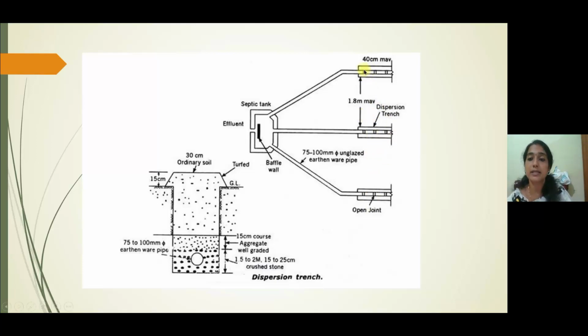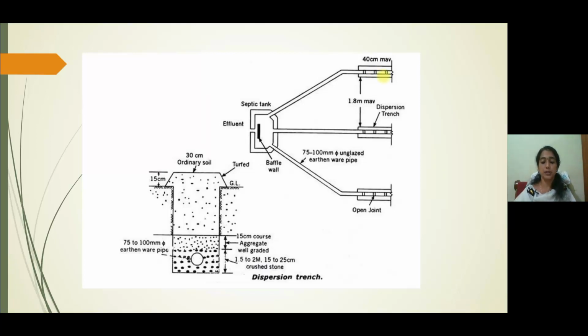The pipes are open jointed and surrounded by filter media, and through these open joints the effluent water enters the filter media and seeps out through it into the soil.